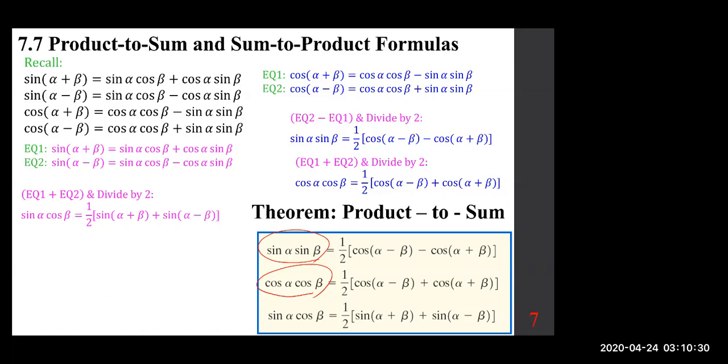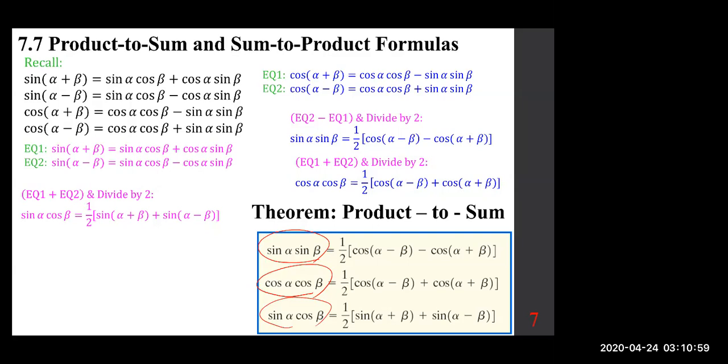We get sine alpha cosine beta, and we get to the third one. And those are, believe it or not, the proof for the 3 equations. I'm going to look at a very simple example because we have just one question like this for the exam, and you can handle it. I think I put only one. The exam is not finalized yet. We'll discuss it in a moment. But believe it or not, this was the proof, and I hope you are okay with that, class.